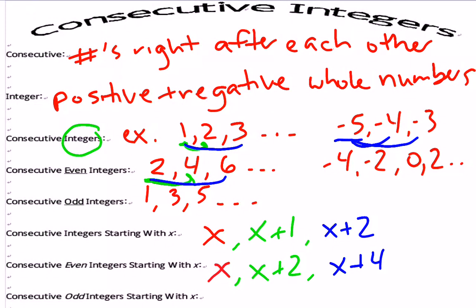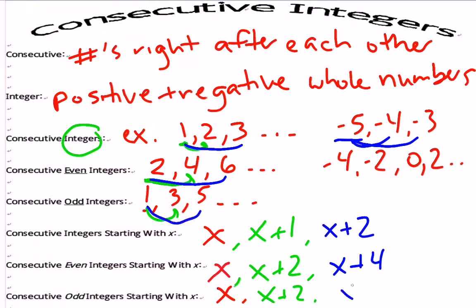Now what would you think would happen with odd integers? You would think it would be x, x plus 1, x plus 3, right? But let's do the same process and look at my actual list of numbers. I would have x. If I'm starting at x, so we'll start at 1, how do I go from 1 to 3? I still do x plus 2. And how do I go from 1 to 5?